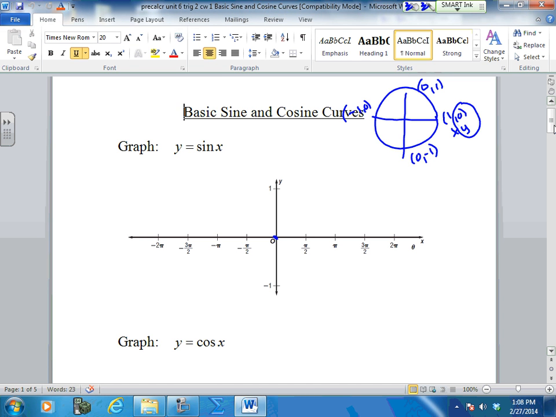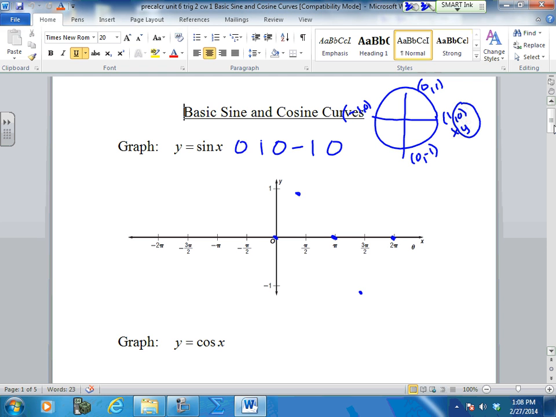At 90 degrees, what is the sine of 90? 1. At 180, what is the sine? 0. At 270, and back around. Okay, so now you know my pattern here. We say 0, 1, 0, -1, 0.